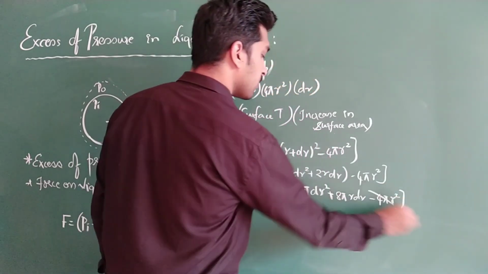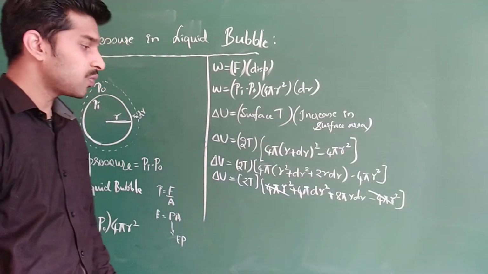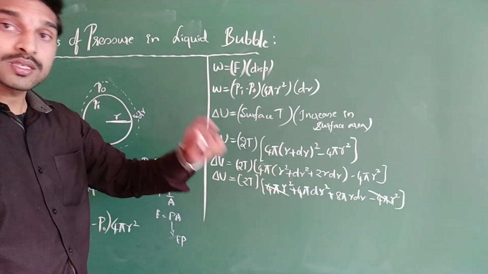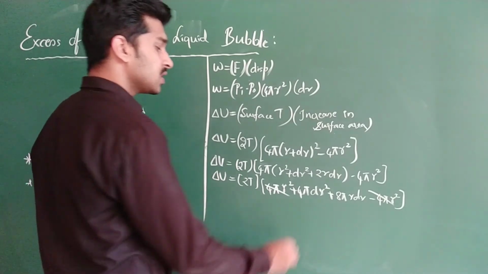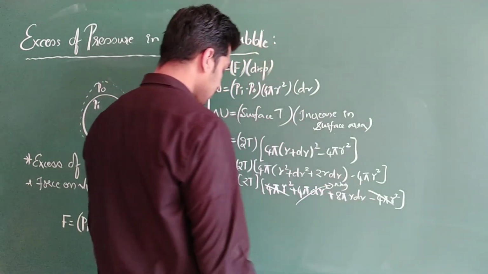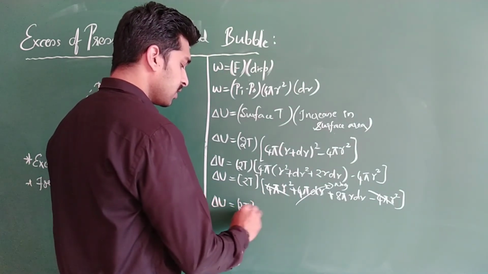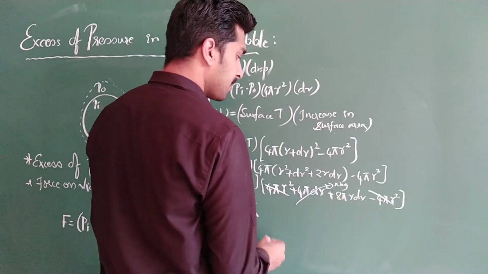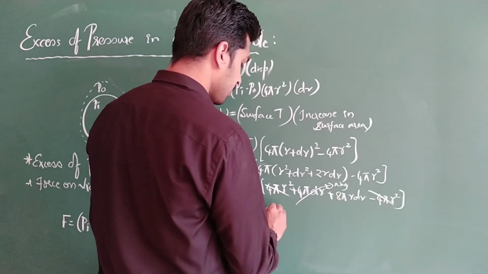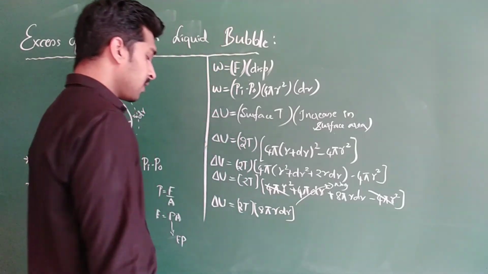So 4 pi R square will get cancelled. As dr is a very small value, dr square will be still smaller, so this complete term can be neglected. What is remaining? Delta U is equal to 2T into 8 pi R dr. Clear?